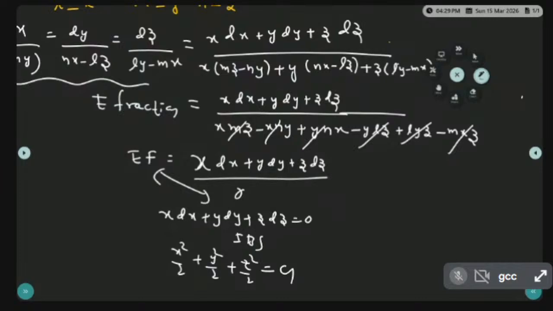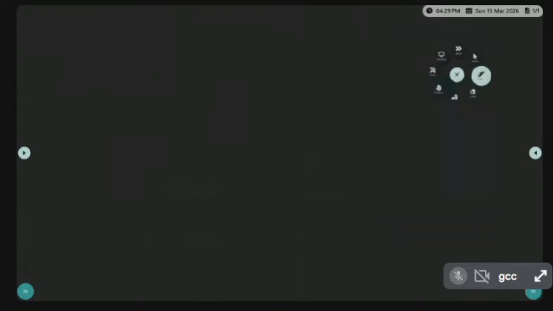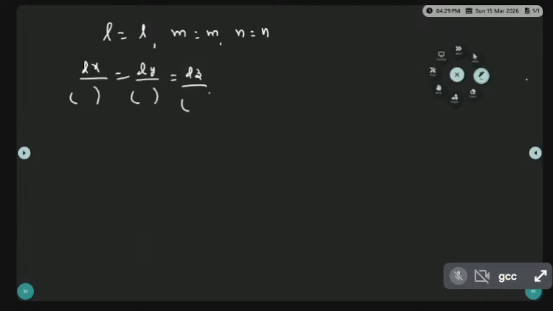Next, another set of multipliers. l equal to l, m equal to m, n equal to n. You talking, I cannot understand. Next l equal to l, m equal to m, n equal to n. dx by l dx, l into what is P?